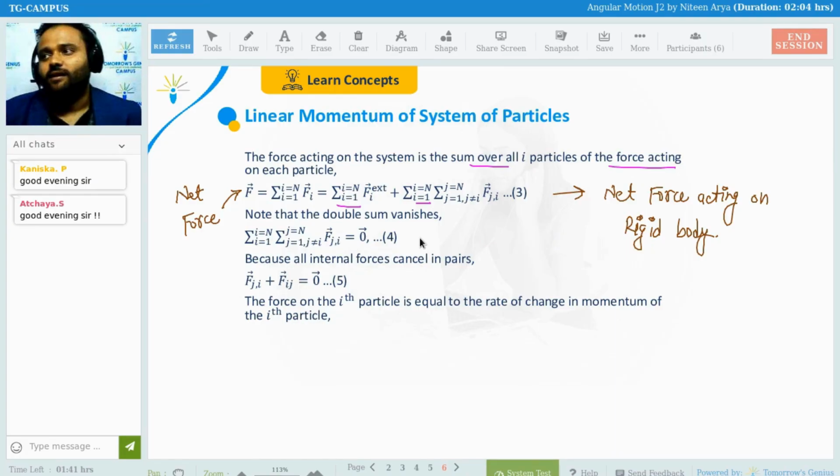Clear? You can assume it this way: suppose you put pulses in some jar and you shake it like this. What is going to happen?